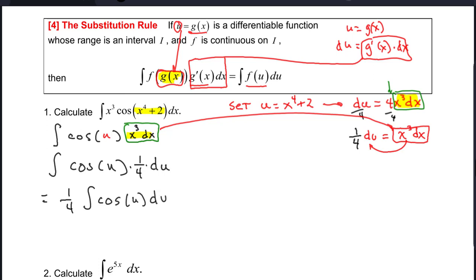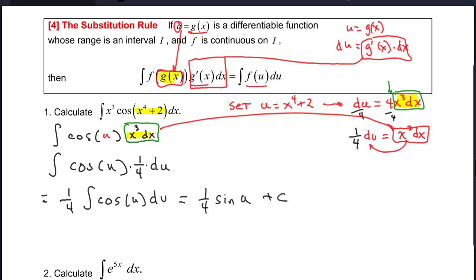Wow. This tricky thing of doing the substitution just changed this extremely hard problem into a way easier problem. So here we go. We can do this integral now. This has an easy antiderivative. It's going to equal 1/4 sine of u plus c. Integration's done. A hard problem became a very easy integral.